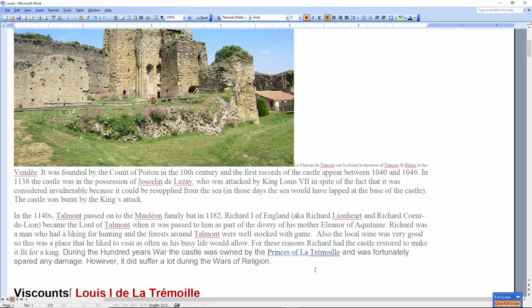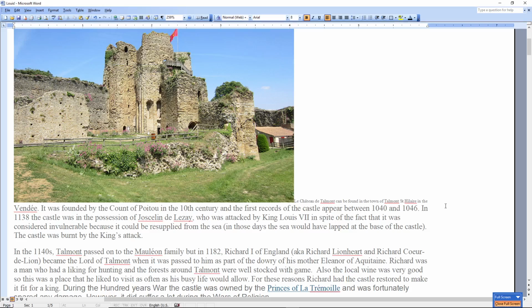And John II actually in 1350 becomes King of France. And it wasn't a very good reign, I'll tell you that. But we want to establish that this castle was under the control of Louis I.